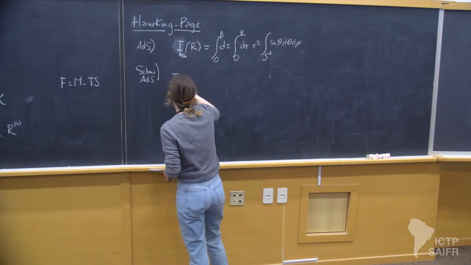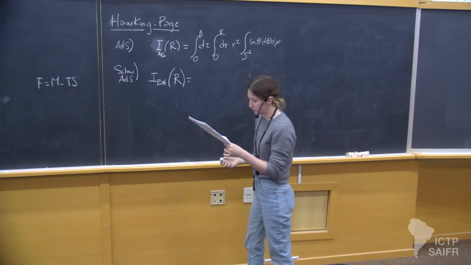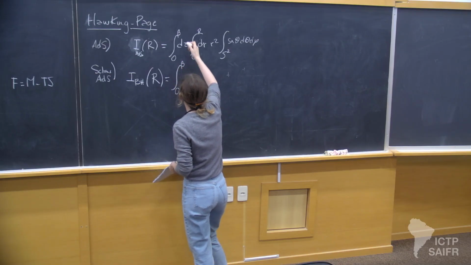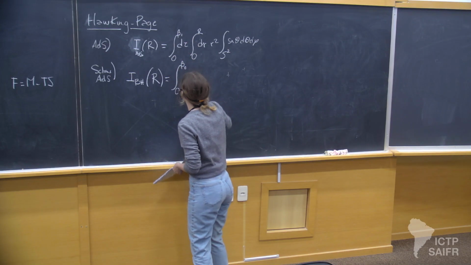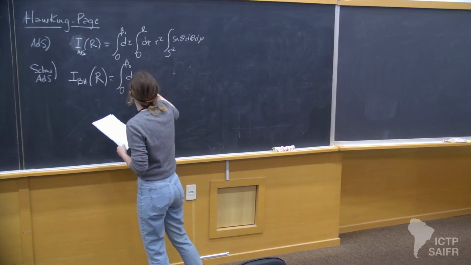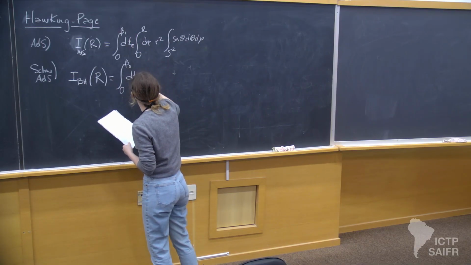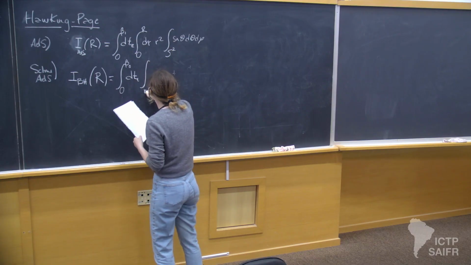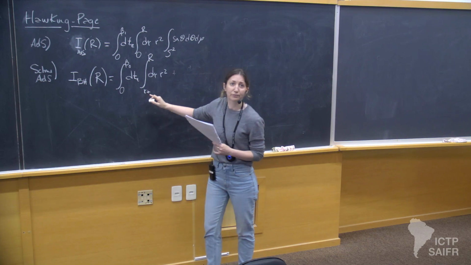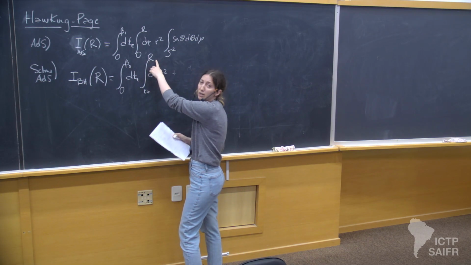For the AdS black hole, once again, my integral will depend on the radial cutoff. In general, from 0 to beta 1 and beta 0, which I will explain in a moment. I'm integrating over Euclidean time. Then for my black hole, I integrate from R plus, where my Euclidean geometry caps off, to R equals big R, which is the cutoff.